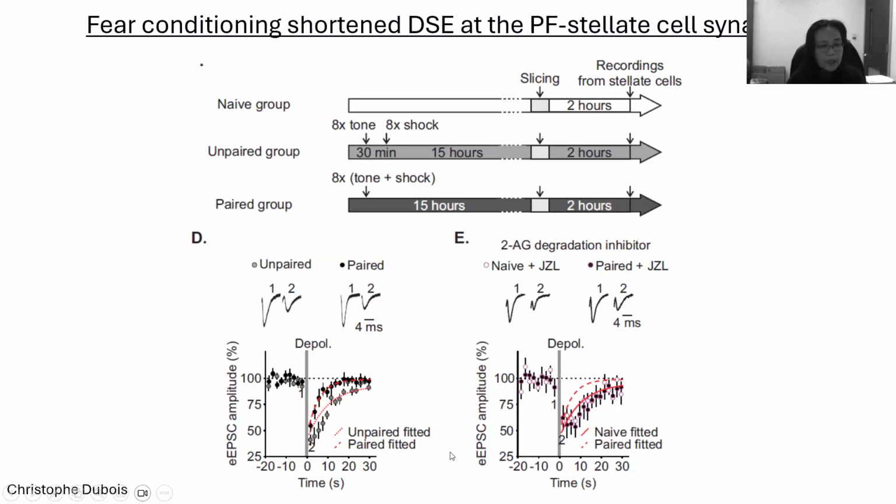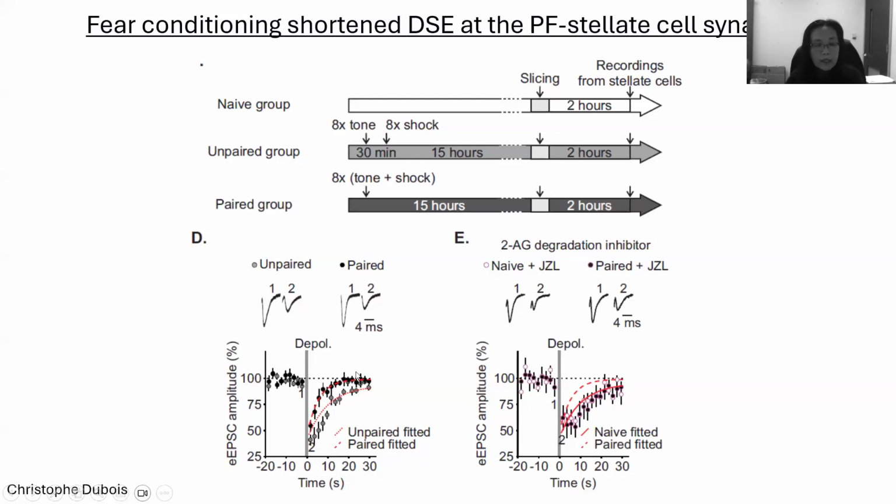However, if you look at the fear conditioning group, the black circles, you will see it has the same level of depression. The maximum depression is about the same. But what's different is that it recovers faster. Even within 10 seconds, it is almost back to the original level. So if you fit this with an exponential fit, you will see it has a much faster recovery time in the fear conditioning group than the unpaired control.